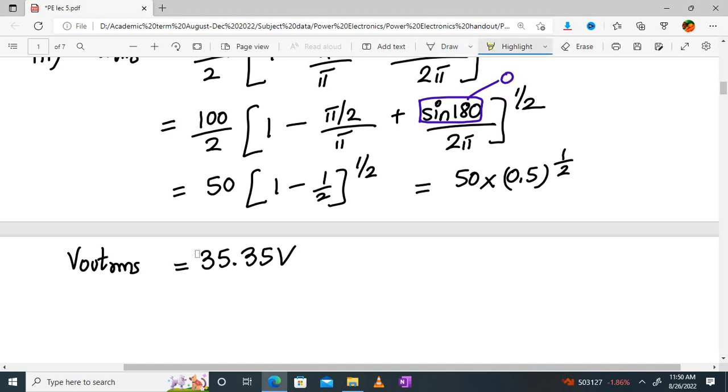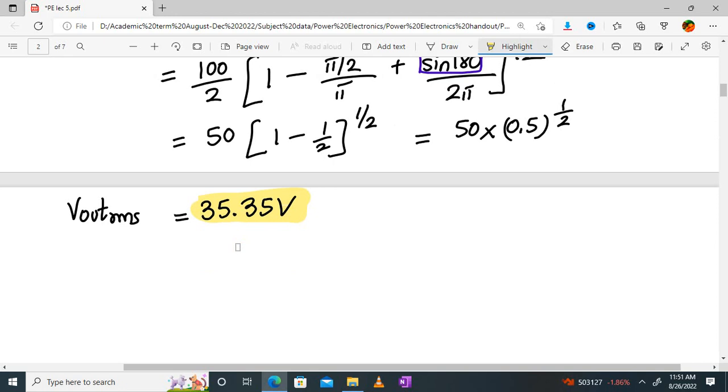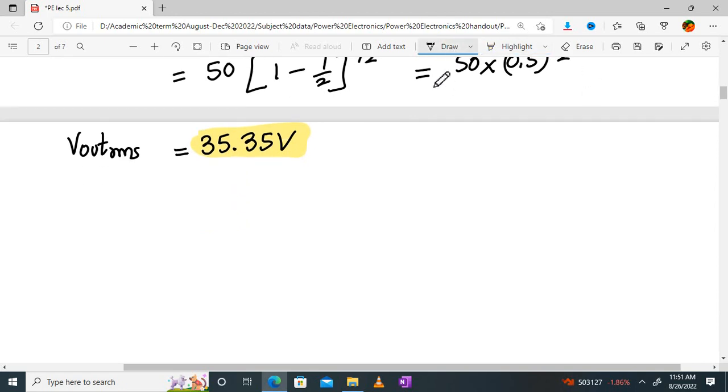That's the answer you get for V out RMS. Did everyone get this? Once we get this V out RMS, we have to find out the power factor.